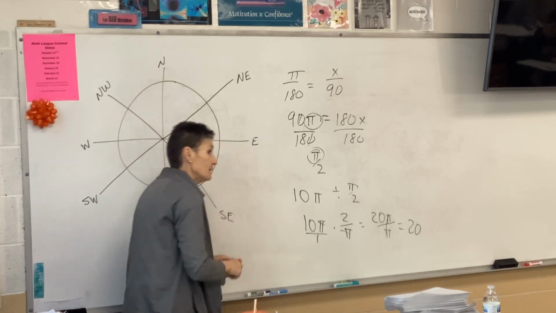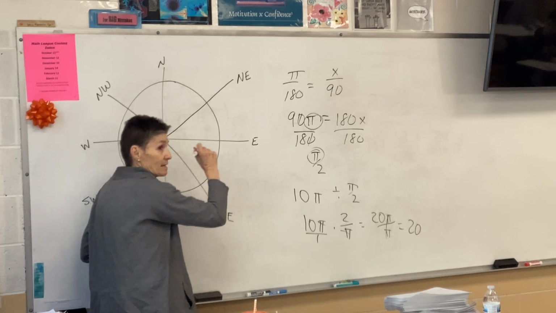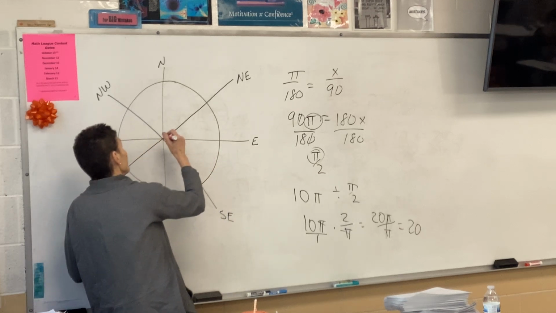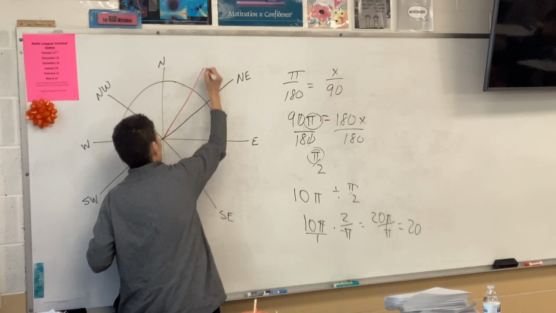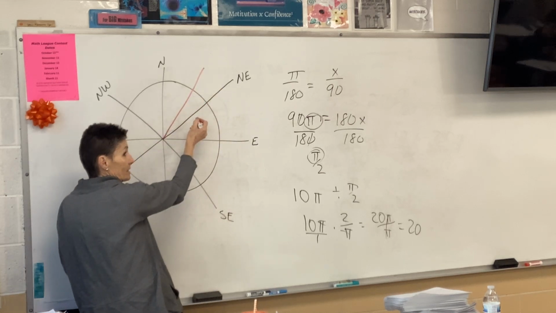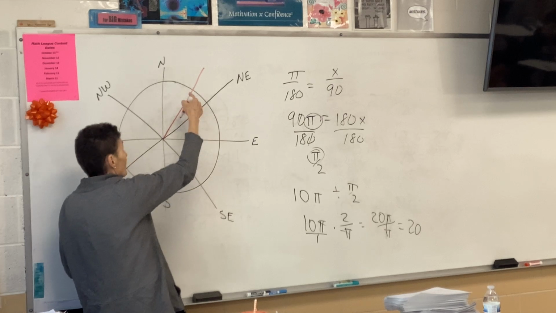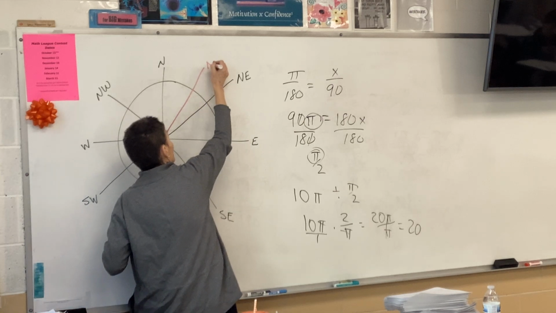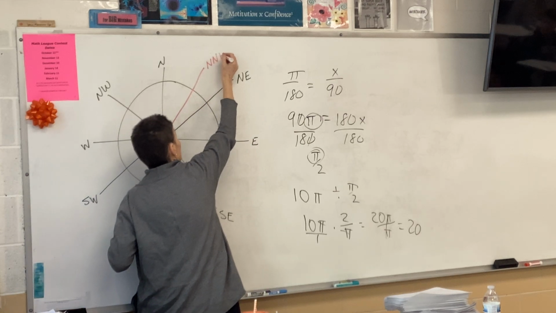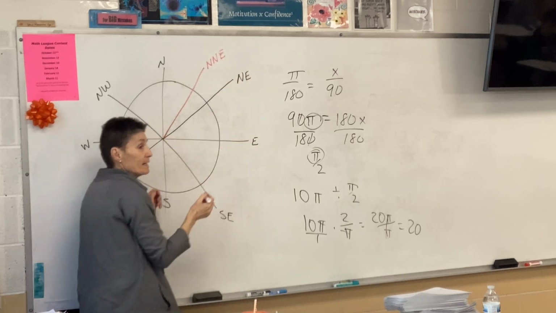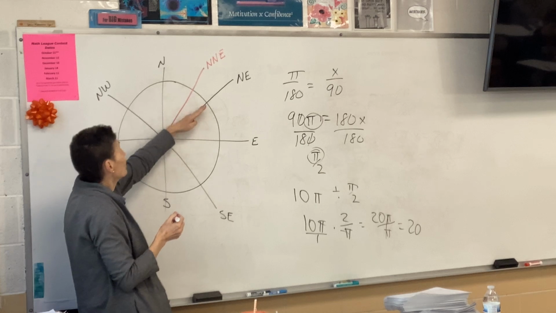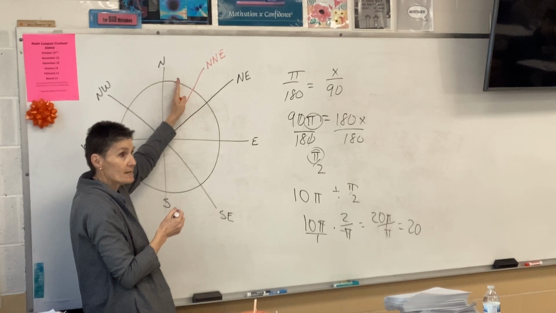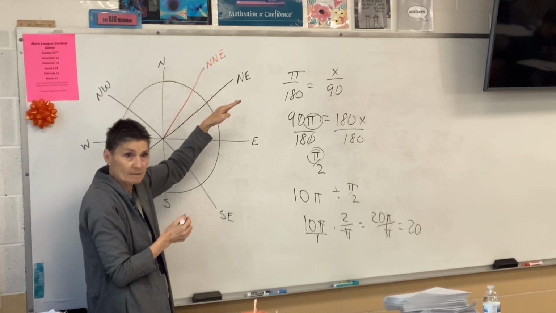Okay. Now, this may be something you're not so familiar with. If I draw this in, right in the middle of north and northeast, this one is called north-northeast, because that red line is on the north side of the northeast.